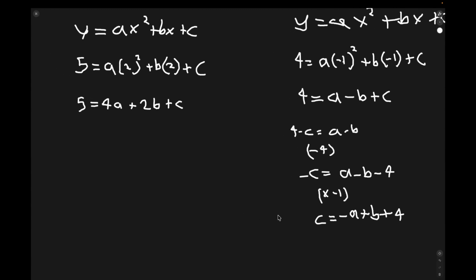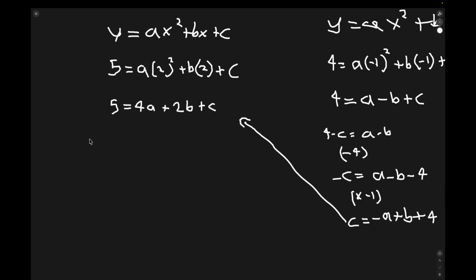Now, we plug that into there. So where we see the c, we're going to put in that equation there. So 5 is equal to 4a plus 2b plus that.